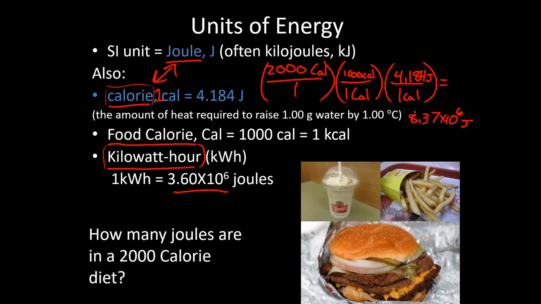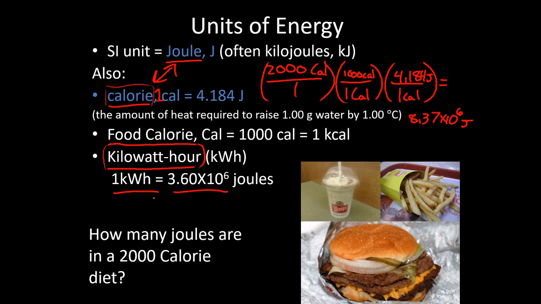So about, not quite 8.5 million joules, which is apparently a little over 2 kilowatt hours. Since a kilowatt hour is 3.6 times 10 to the 6, that would put us a little over 2 kilowatt hours, which is kind of weird to think about.